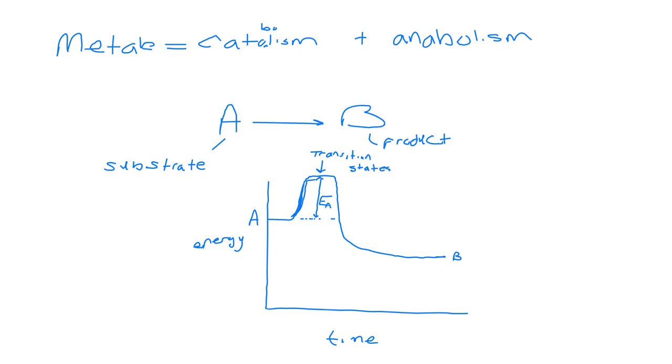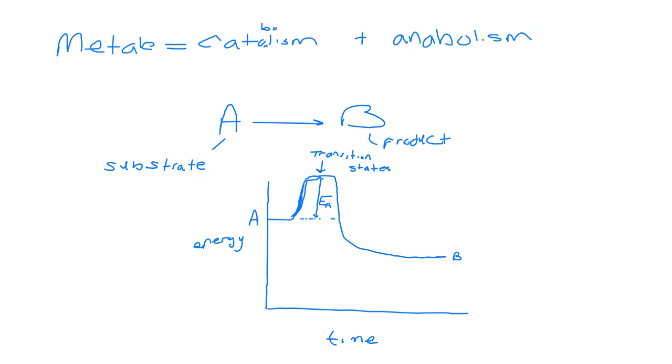That way they can reform to form molecule B. At the transition state, enough energy has been acquired so that molecule A can essentially fall apart and form product B. Now, the problem with this is sometimes it can take molecules hours, days, weeks, years, even up to a century to acquire enough activation energy to occur. Well, we don't have that kind of time, right? And so that's where enzymes come in.